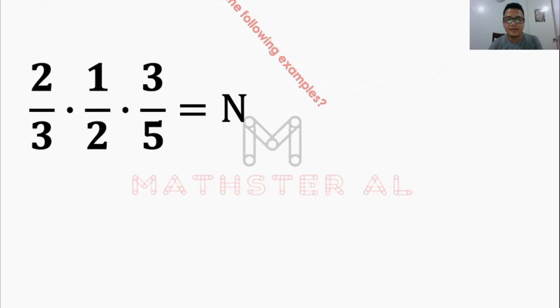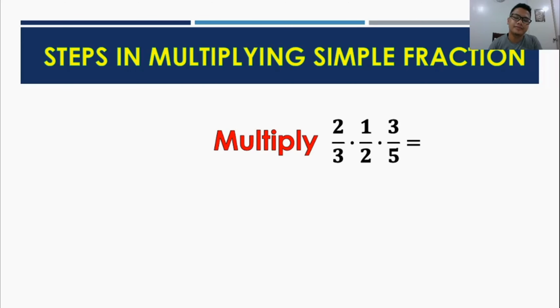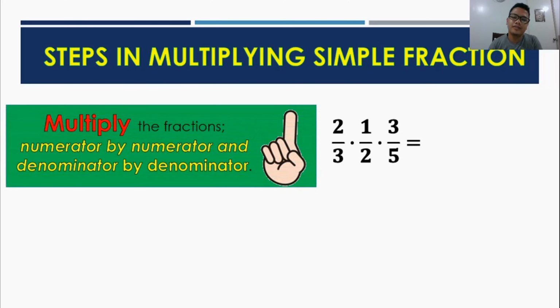Okay, so now let's proceed if you want more examples. So what if I have 3 fractions to multiply? Do we have to follow the same rule? So let's try. It's the same rule actually.